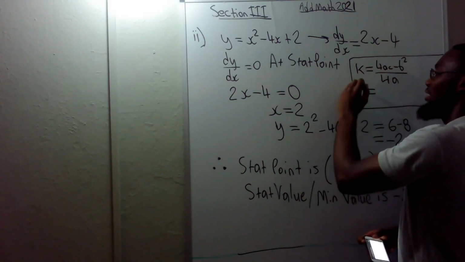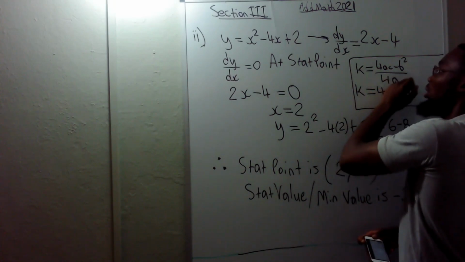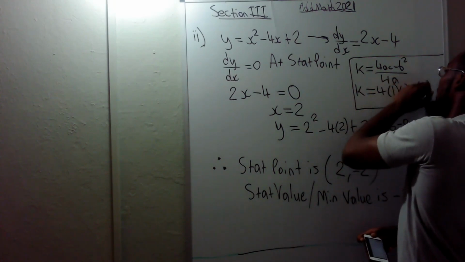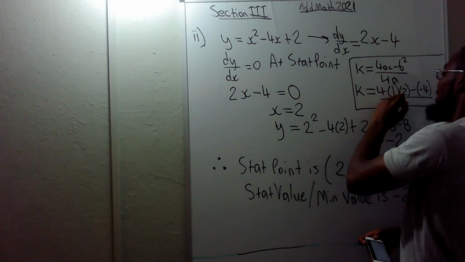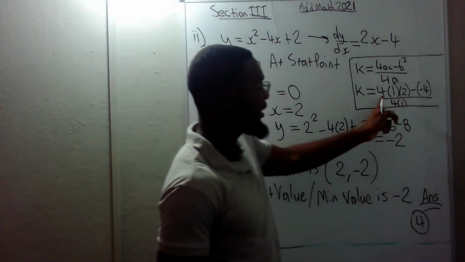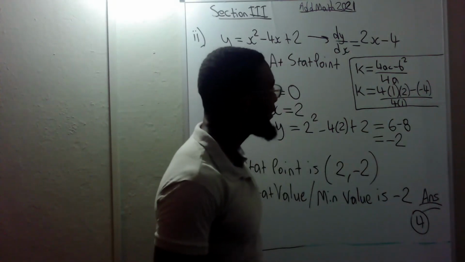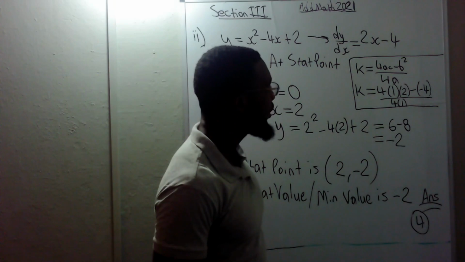You can just do that. 4 times 1 times 2 minus b squared over 4 times a. You could have just done that, guys, and I guarantee you get 8 plus 4 is 12.